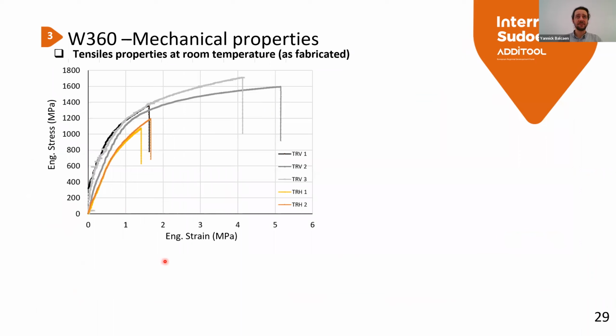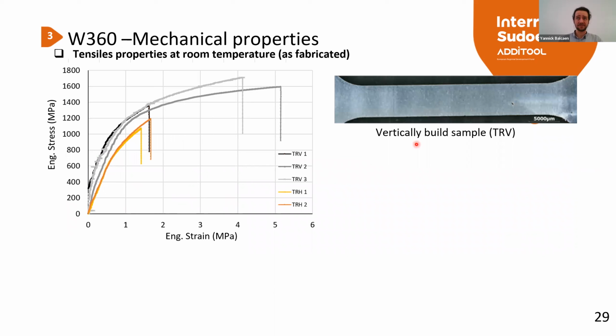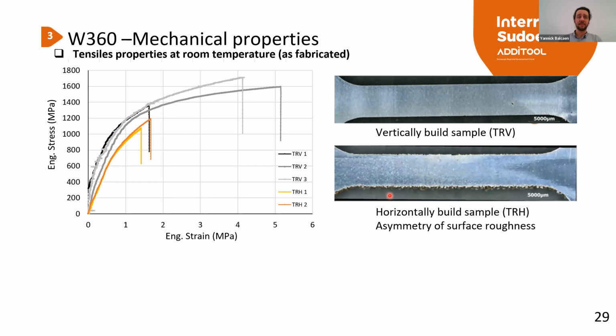About tensile properties, it's very interesting to see that we have a difference between vertically built samples and horizontally built samples. The horizontally built samples have lower mechanical properties, same behavior, but the strain hardening is very, very low.